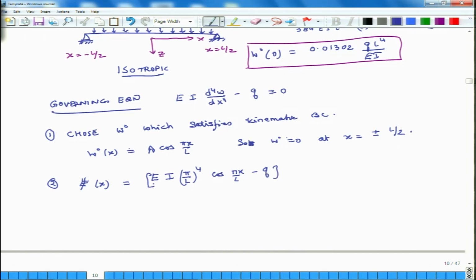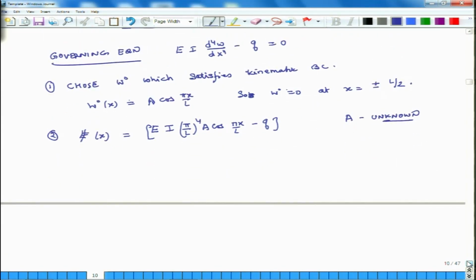Okay, so that is the error. A is unknown. We want to find A. If we know the A, then we are good. So this is my error.